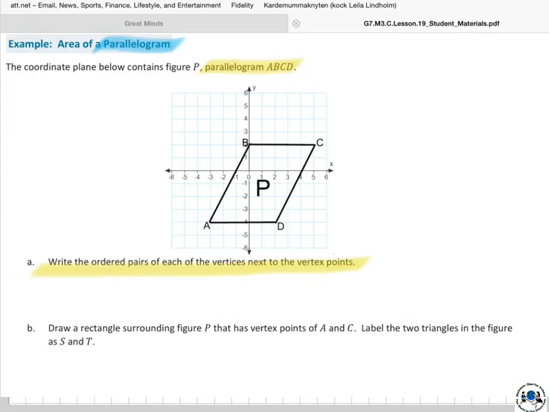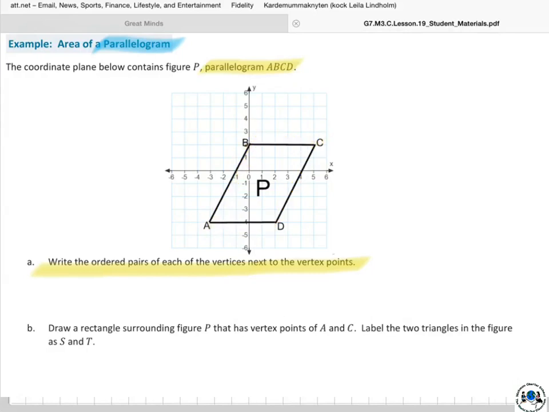We'll get back to it. But yes, a parallelogram has two pairs of parallel sides. That is going to distinguish it as a parallelogram, and we will see how important that is in future.